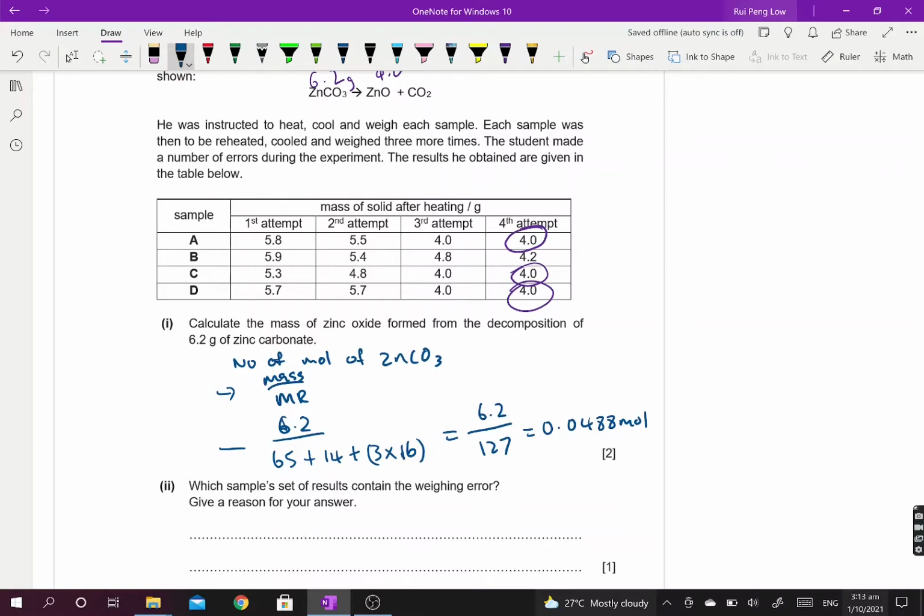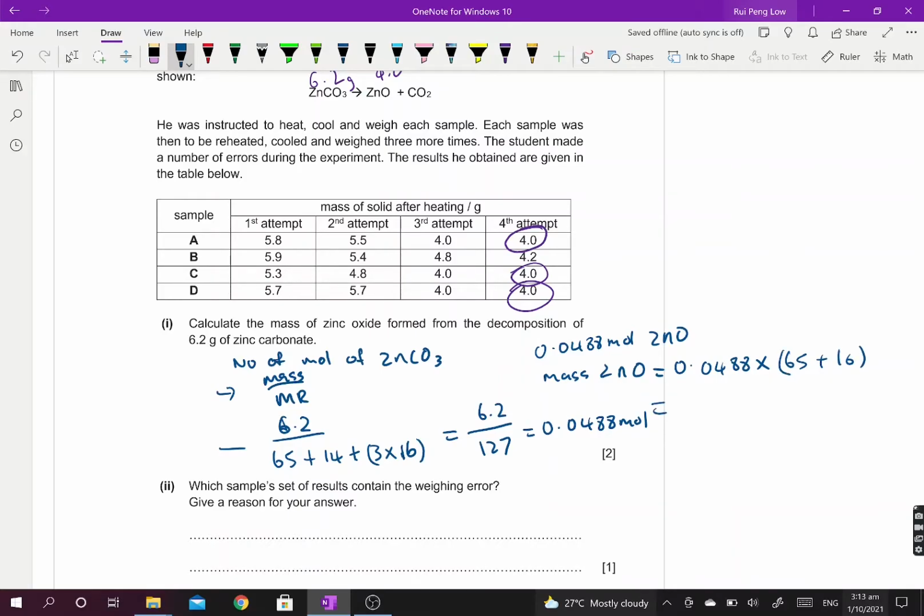Okay, and then the mole ratio, so you will also get 0.0488 moles of zinc oxide because the ratio is 1:1. So mass of zinc oxide is equals to 0.0488 times the Mr of zinc oxide, which is 65 plus 16.